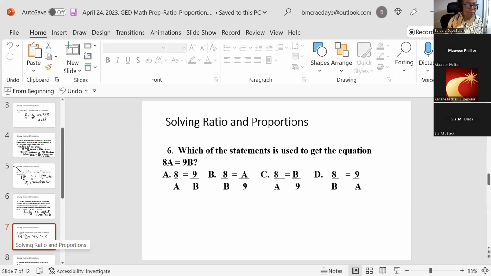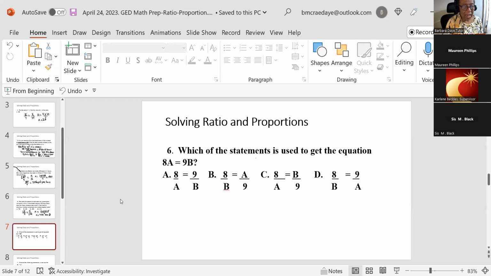I'm not sure I understood. Maureen, do you understand? I would say B, but I ain't sure. No. Which of the statements is used to get the equation 8a equals 9b?